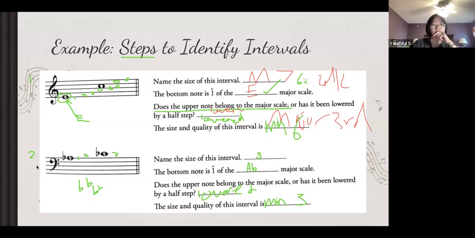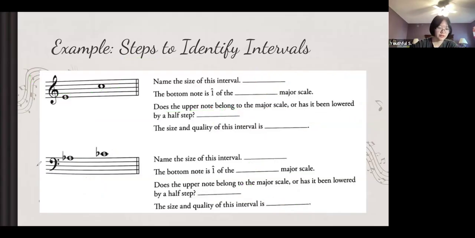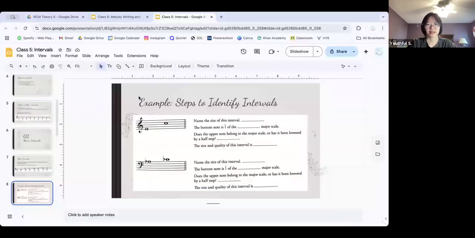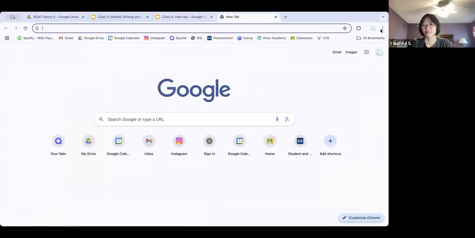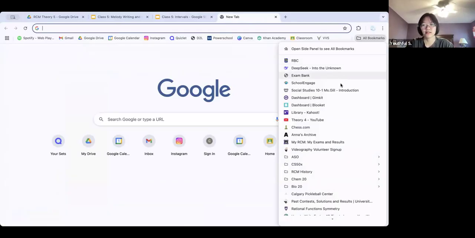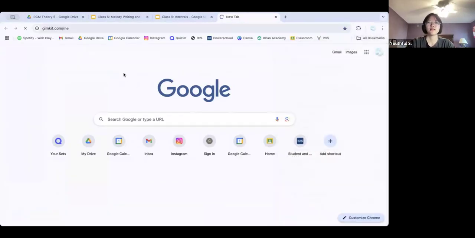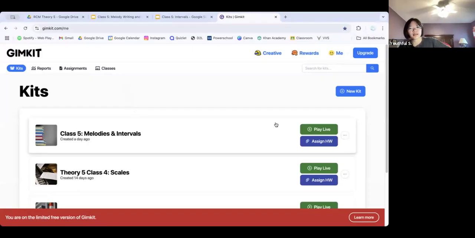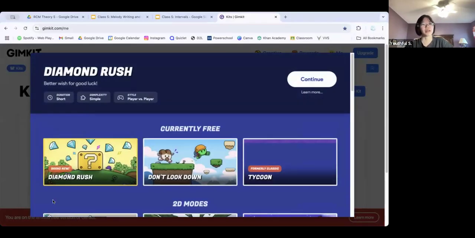Okay, what time is it right now? Okay, let's look at it, guys. Oh, let me exit. Okay, this one. What game mode do you guys want to do? Don't look down.